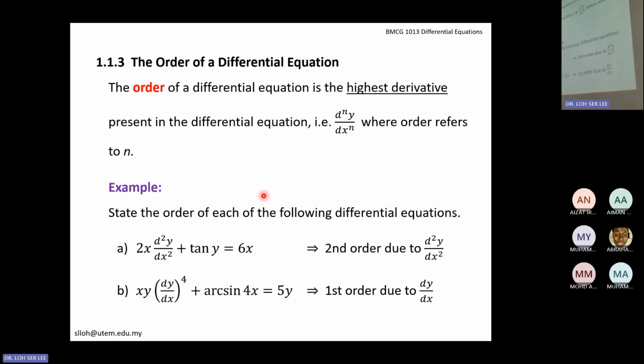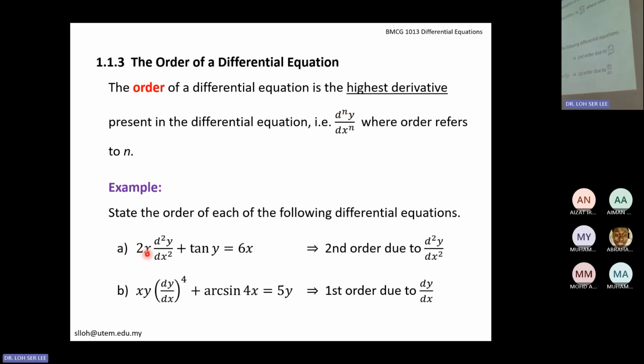Next we look at the order. What is the order of a differential equation? The order of a differential equation is the highest derivative present in the differential equation, which is this one, n. n is the order.